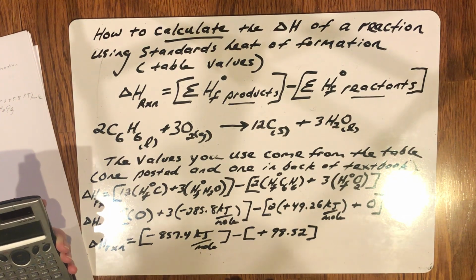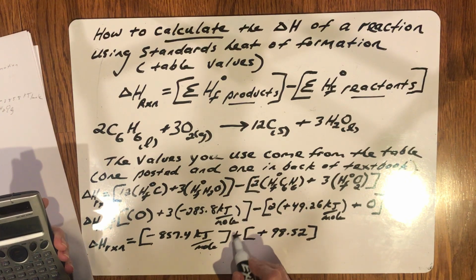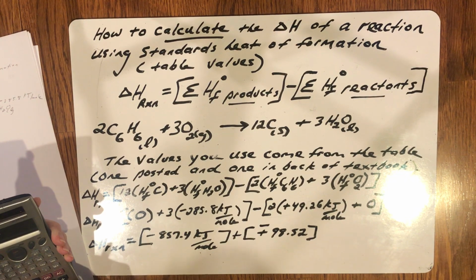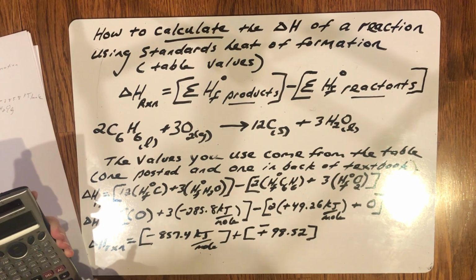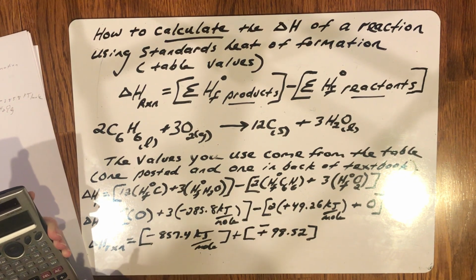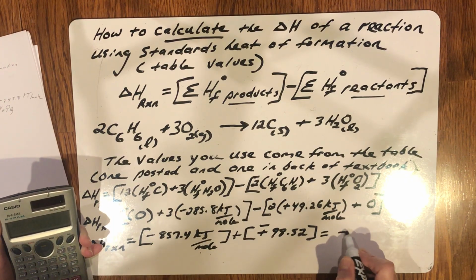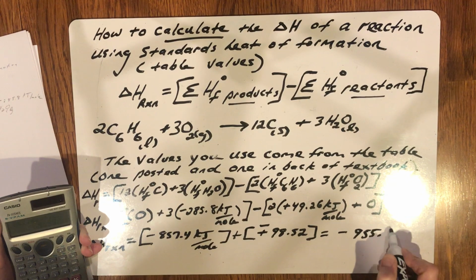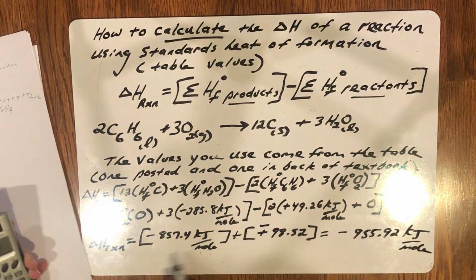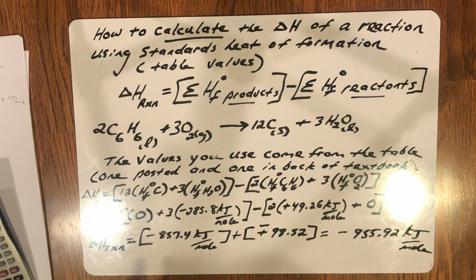And because that's 0, I don't worry about that. And so then I'll say plus a negative. I'm now going to take 857.4 and add 98.52, but both of those are negative, so the value comes out to negative 955.92 kilojoules per mole. Okay, so that's it. That's all you have to do to come up with your answer.